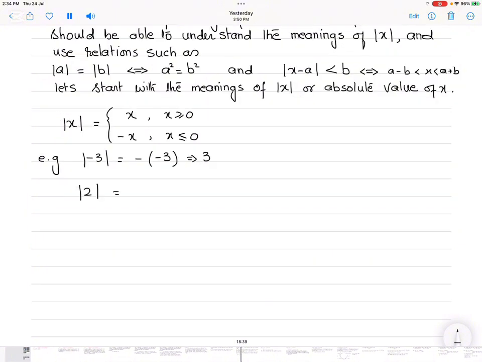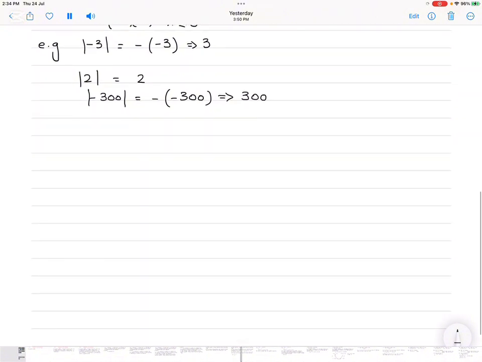And the modulus of 2 is positive 2. Take |-300|, so this is negative times negative 300, which is positive 300. So this means that if there is a negative sign inside the modulus, we always take the positive value.